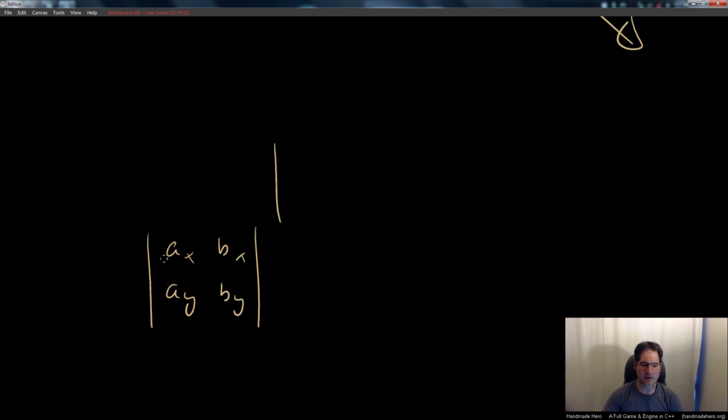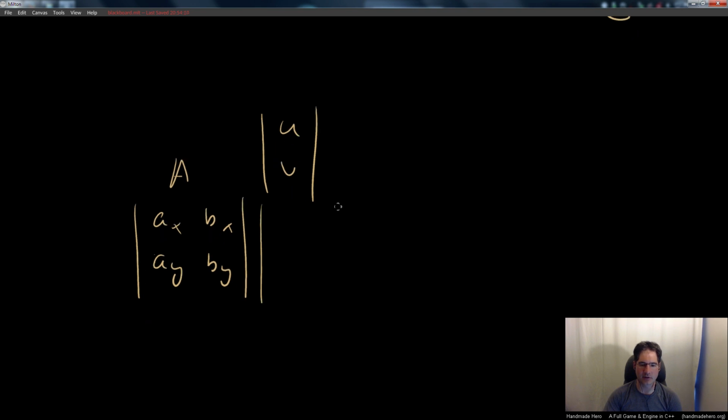Like I said previously, we could think of one of these matrices, and let me write it out: ax, ay, bx, by. We could think of one of these matrices like A, and I want to have a vector here that I can multiply by it so that I can show something algebraically.